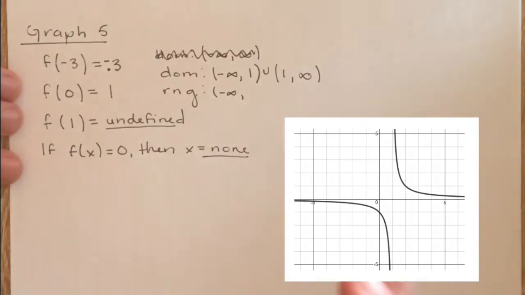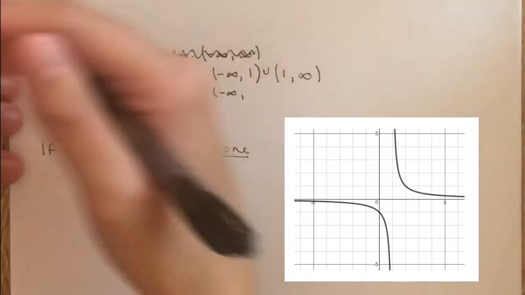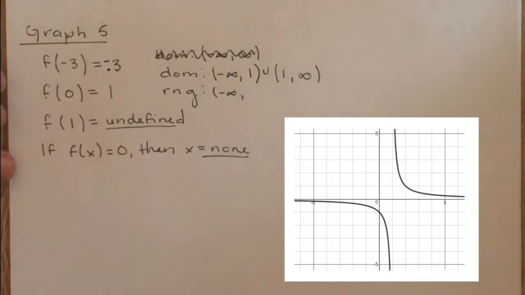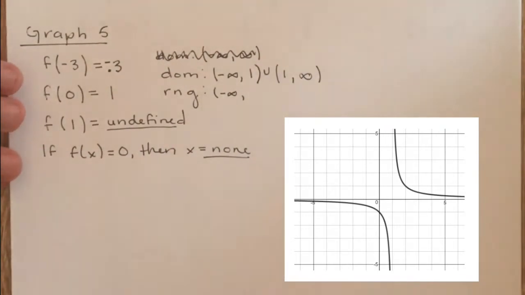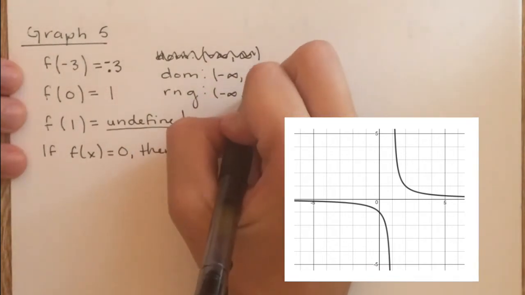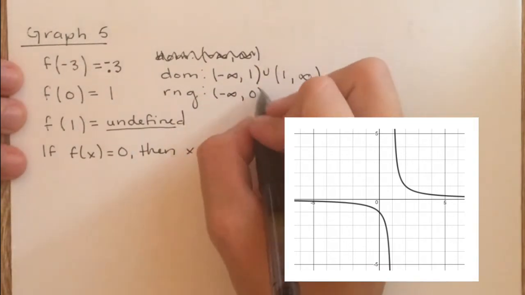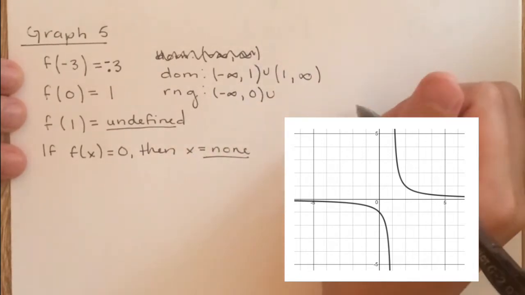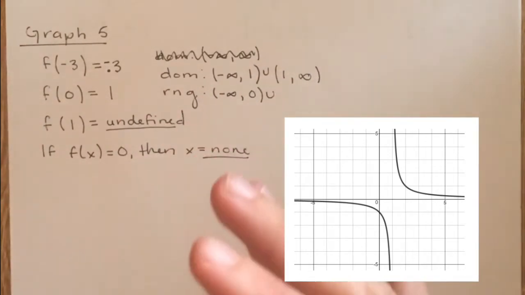And then the function gets really close to y equals 0, the line y equals 0, also known as the x-axis, but it doesn't touch it. So we know that we're not including 0. So we do 0 and then a parenthesis. Union, then we have the second chunk, right?